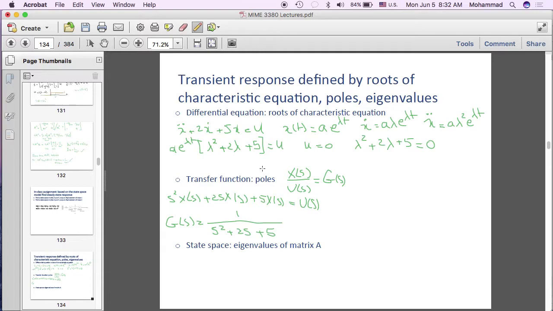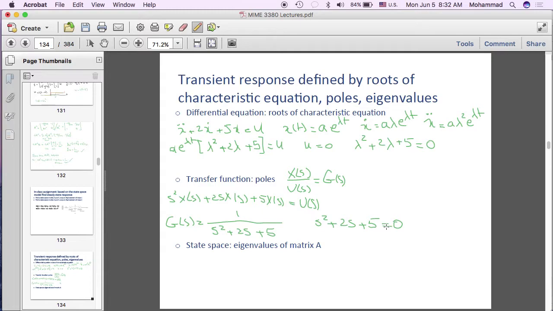Okay. Now, what are the poles of this transfer function? How do you find poles? You set the denominator, the bottom portion, equal to 0. So let's do that. You need to set s squared plus 2s plus 5 equal to 0.